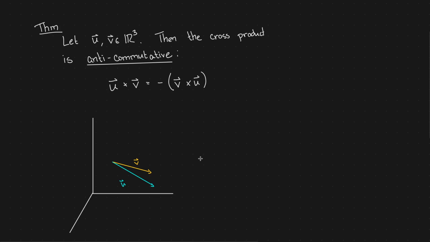You can tell which way the cross product is going using the right-hand rule. If you imagine your fingers of your right hand curling through the first vector first, and then through the second vector, your thumb will be pointing in the direction of the cross product.